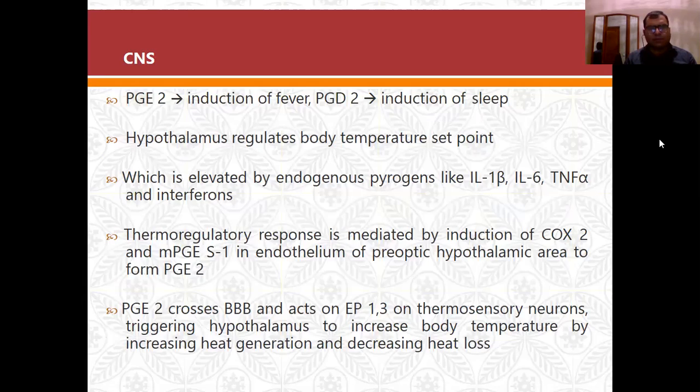The thermoregulatory response is mediated by the induction of cyclooxygenase 2 and mPGES1 in the endothelium of the preoptic hypothalamic area to form prostaglandin E2. Prostaglandin E2 crosses the blood-brain barrier and acts on thermosensory neurons, triggering the hypothalamus to increase body temperature by increasing heat generation and decreasing heat loss.